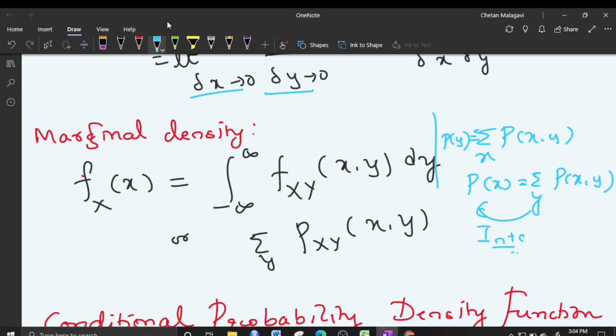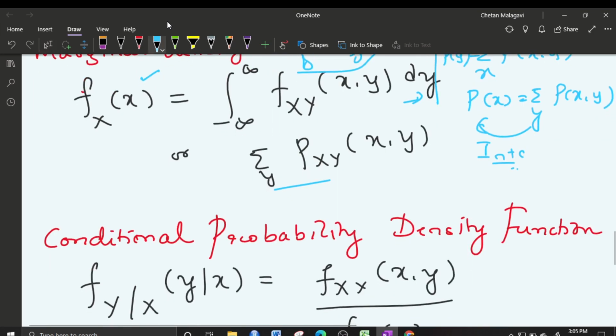So here I am integrating over the range of y, which may be minus infinity to plus infinity, or 0 to infinity, or 0 to 1, or any other values which belong to the real line. Over the range of y, we should integrate the joint density function with respect to y to get the marginal density of x. Okay, so in case of discrete it is summation, fine.